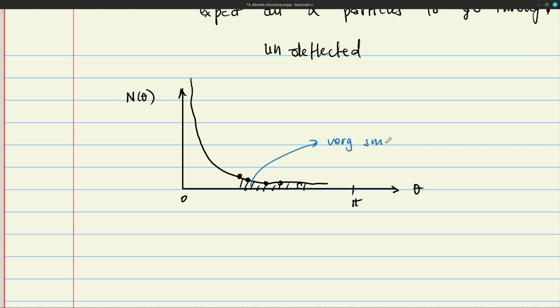Very small, but non-zero number of alpha particles deflected significantly. Some even just go back, right? And he said that, for example, imagine you are firing a bullet on a piece of tissue, and that tissue just returns the bullet back to you, right? That's not something you expect.